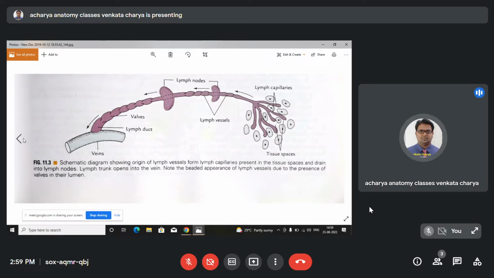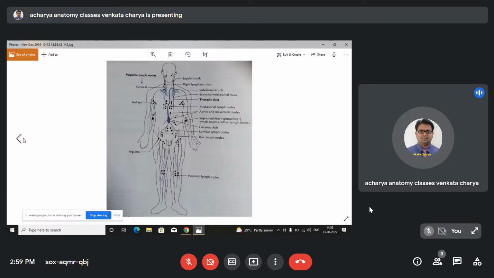Okay. So in our body there are a number of lymphocytes. A number of lymphocytes form the lymph nodules, and a number of lymph nodules become a lymph node.